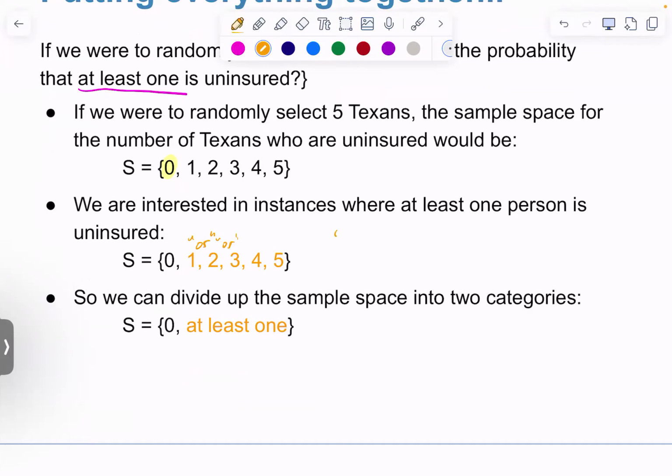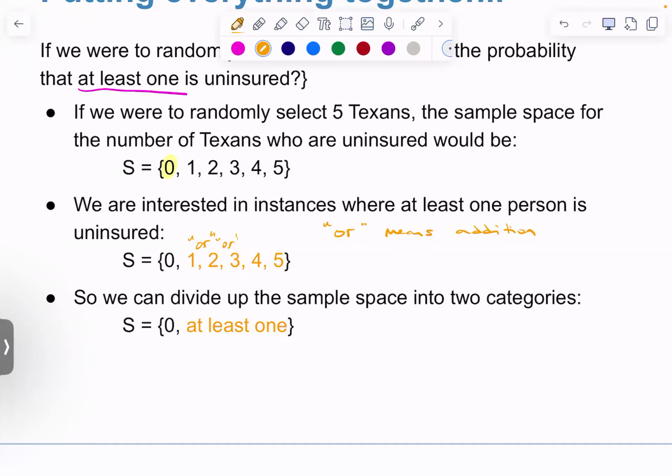Okay? So whenever you're saying or, that means addition in math or in stats. So whenever you catch yourself saying or, it's not going to be 1 and 2 and 3, because it's only one of these possible outcomes.